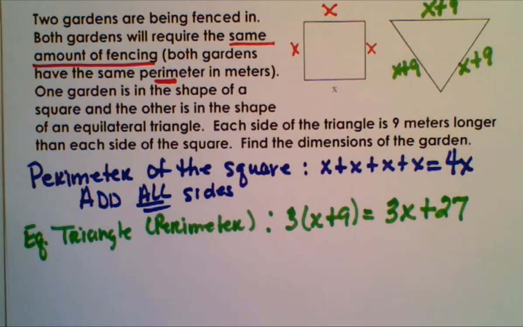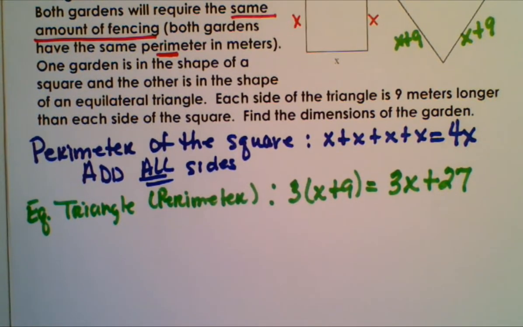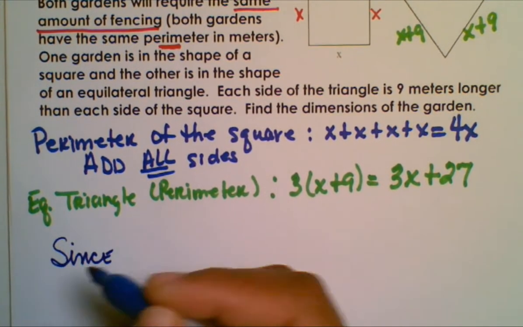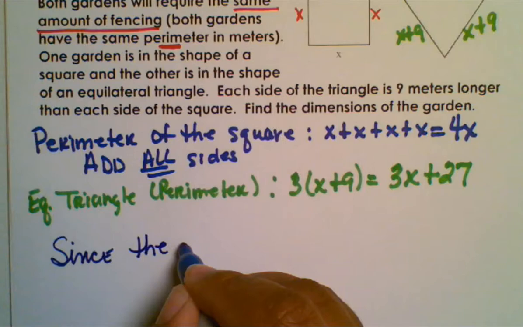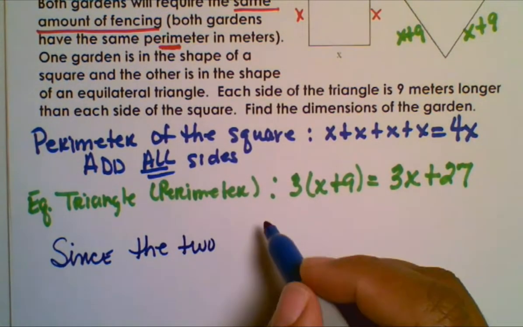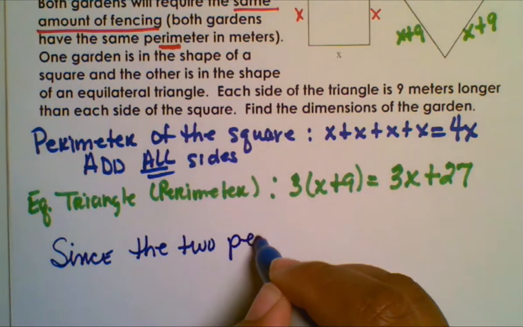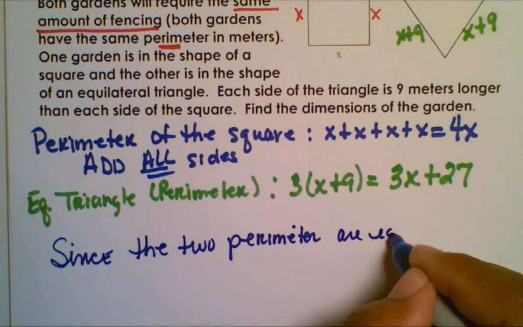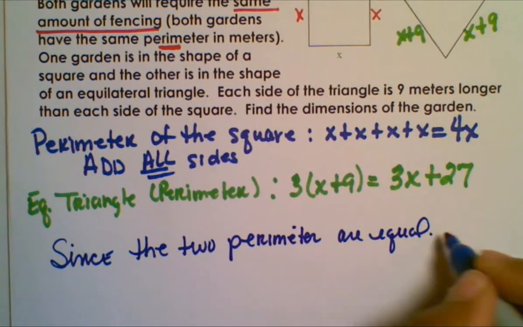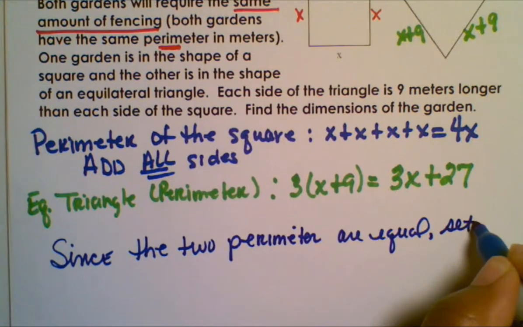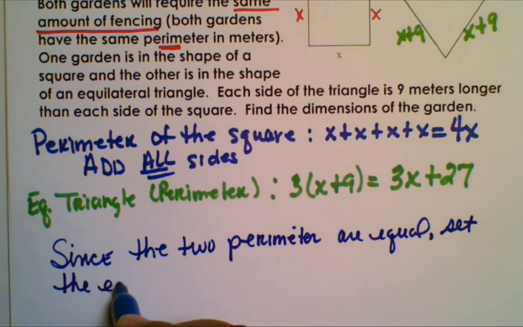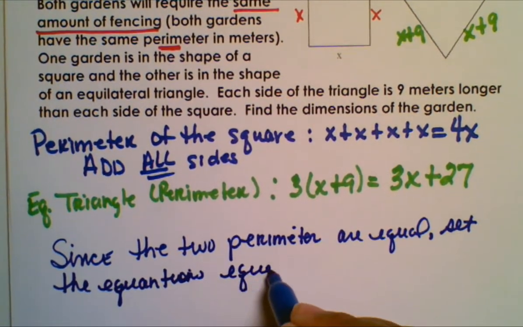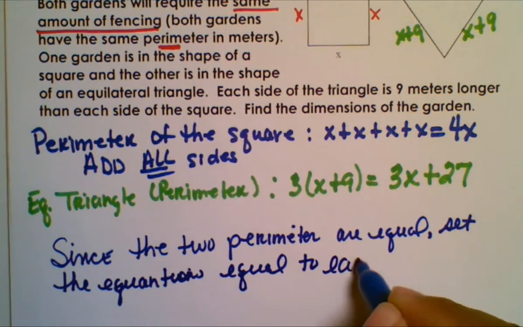All right, so let's set up our equation. Since the two perimeters are equal, we're going to set the equations equal to each other.